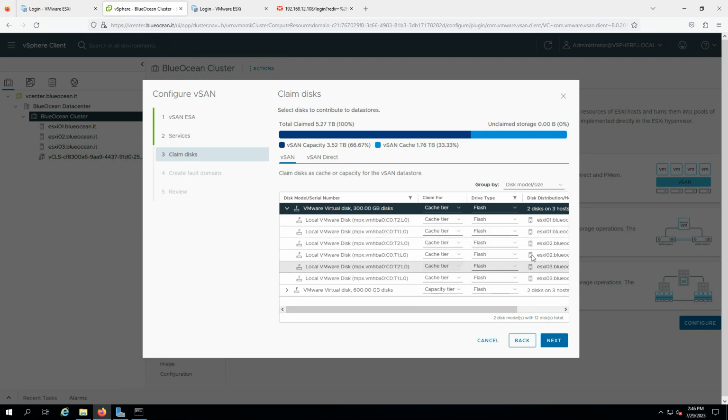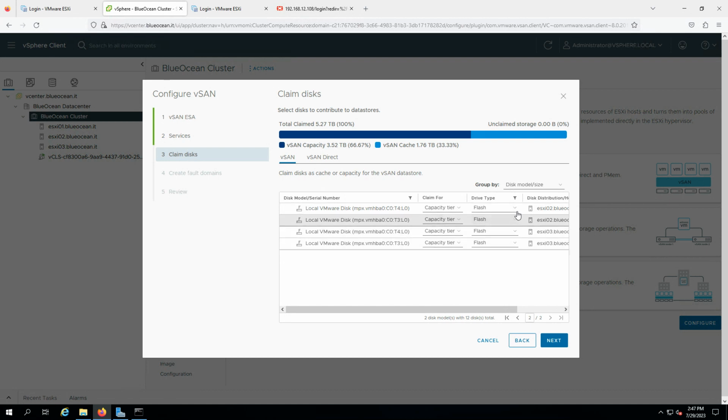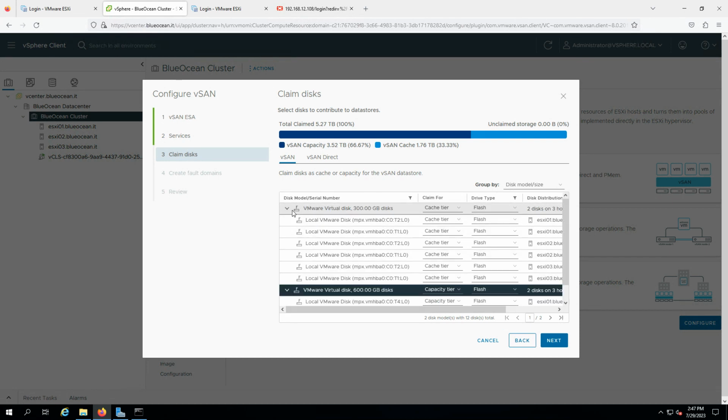Okay. So what it does, for ESXi one, I have two disks. It uses one for the cache. ESXi two, there are two disks, one I use for the cache, and one for the capacity. So I have 6 disks again, two on each server, that you use for capacity. But if you want, it is automatic, it advises you can use this for cache and those for capacity.